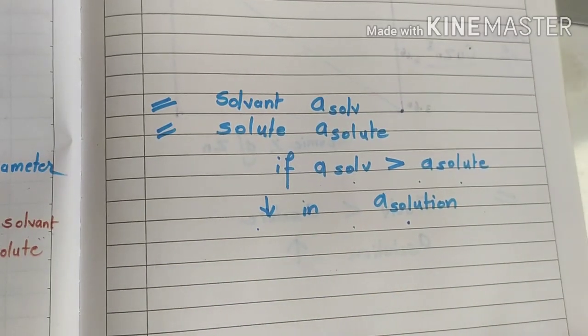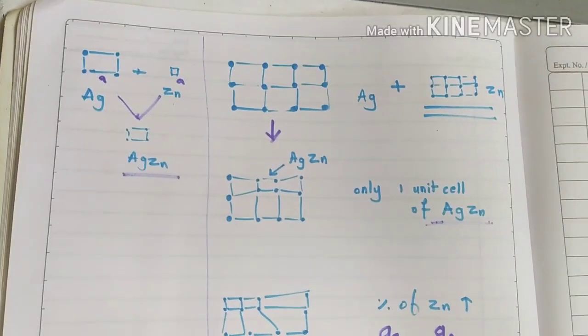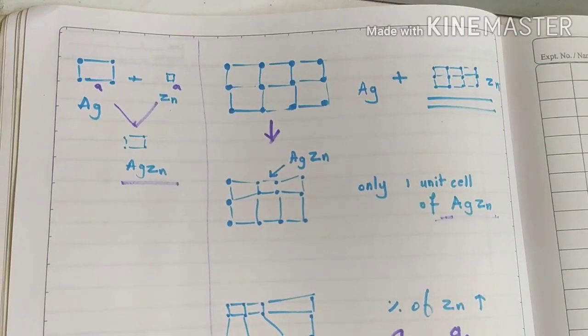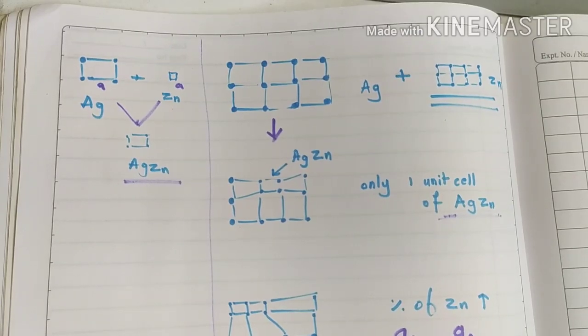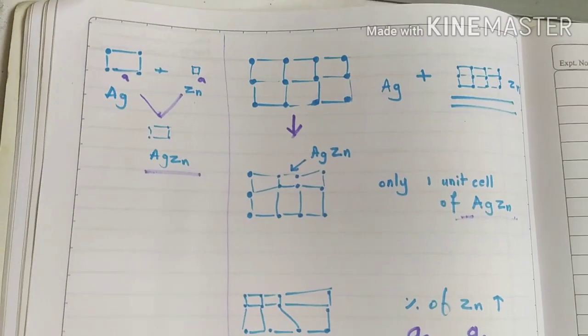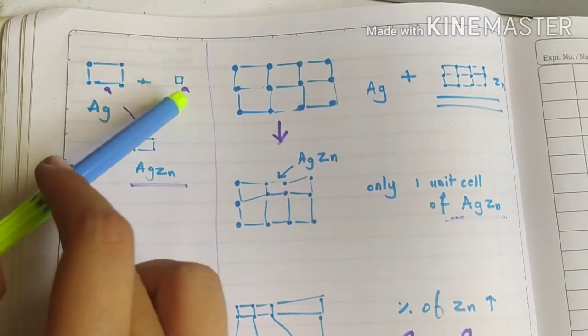This can be explained more clearly by a basic diagram. This is not a scientific representation, but just for understanding, just consider that this is a unit cell of Ag and this is a unit cell of Zn.